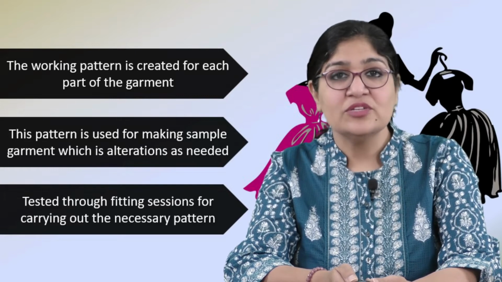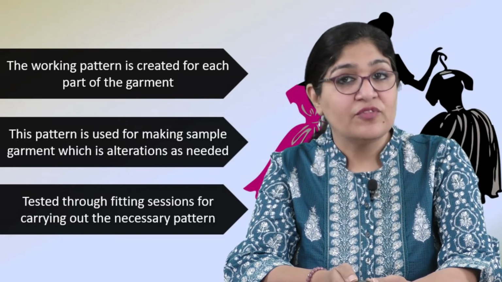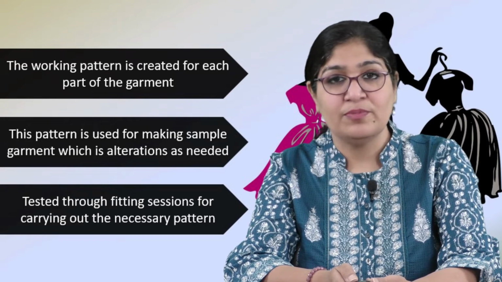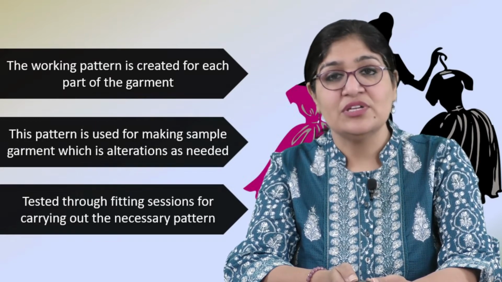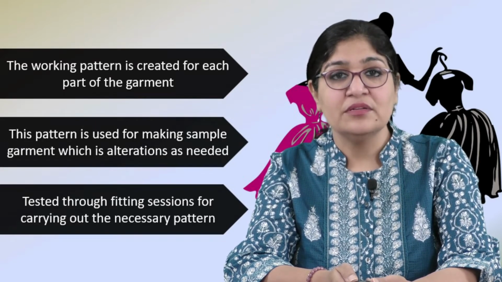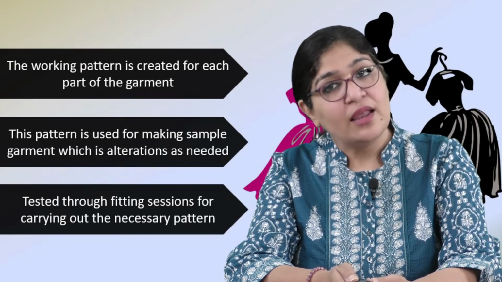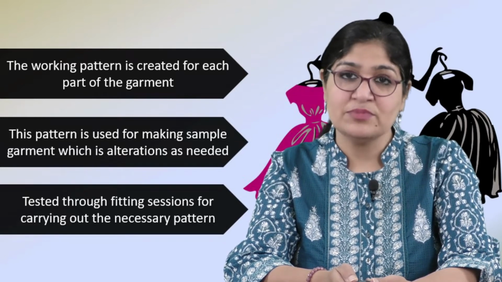The final stage of pattern making is the finalization of the production pattern. As the name suggests, a production pattern is used for manufacturing a large number of garments of the same style. This is the finalized version of a sample pattern which has gone through fitting trials and which is complete in all respects, including pattern markings.